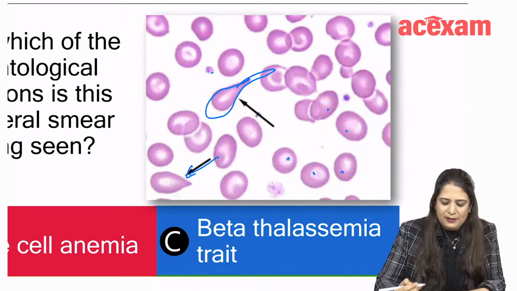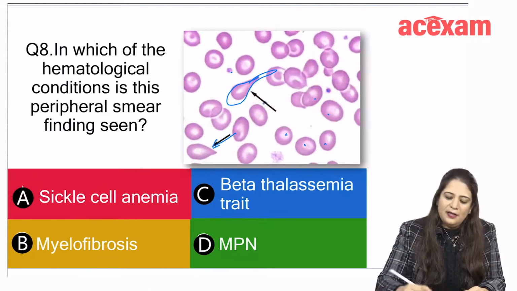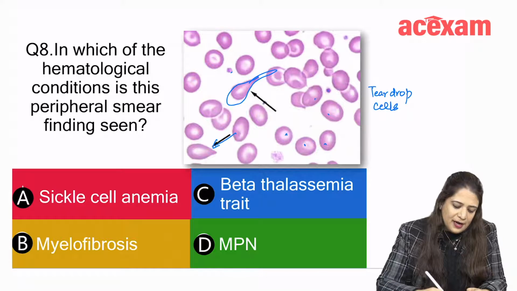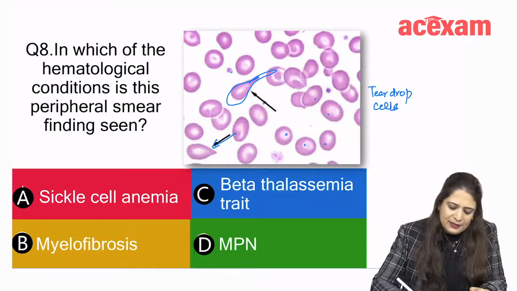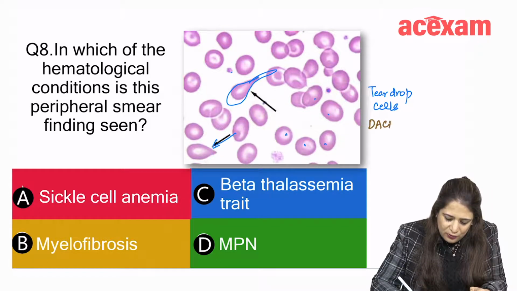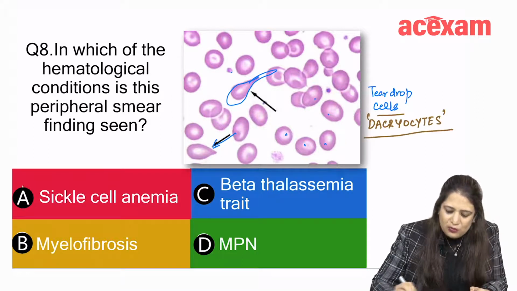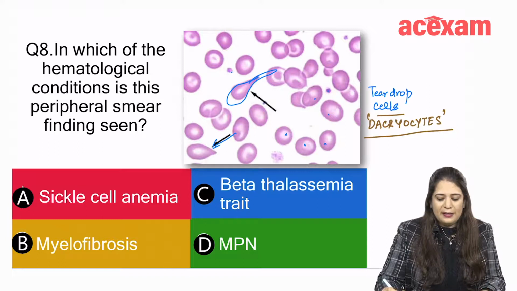What is their shape like? They are teardrop cells. Teardrop cells. What is the other name of teardrop cells? Teardrop cells are also known as dacryocytes. Fancy term, huh?